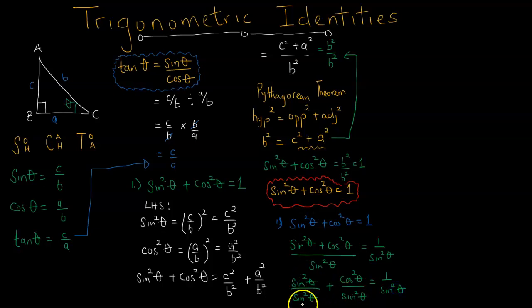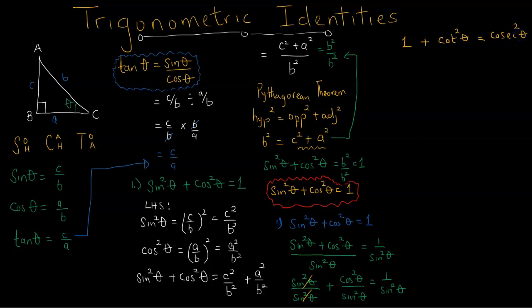Now, sine squared theta divided by sine squared theta can just make way. So I've got 1 plus, now cos squared theta over sine squared theta is cot squared theta. And of course, 1 over sine squared theta is cosec squared theta.